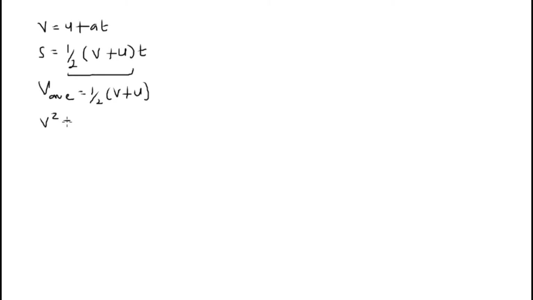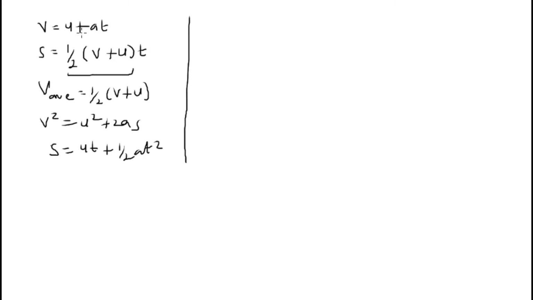Then v squared equals u squared plus 2as. And then we also have s equals ut plus half at squared. Okay, not v but h or s.